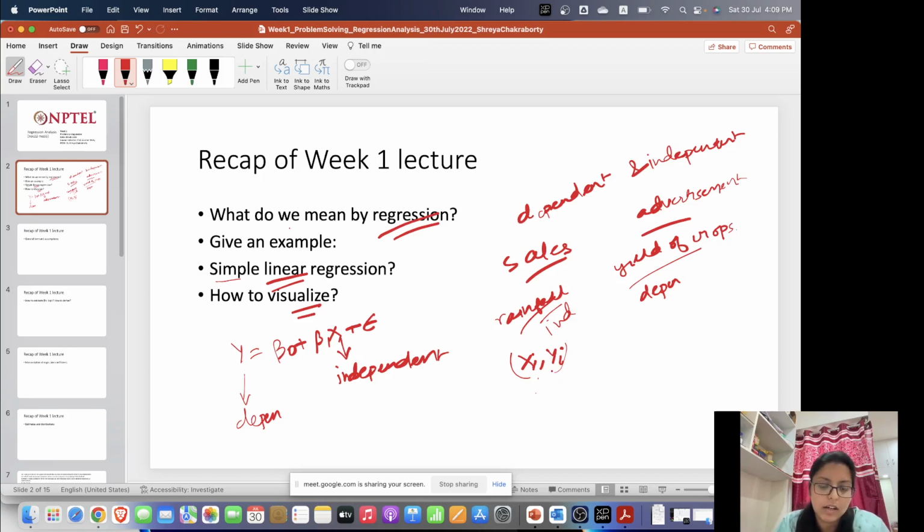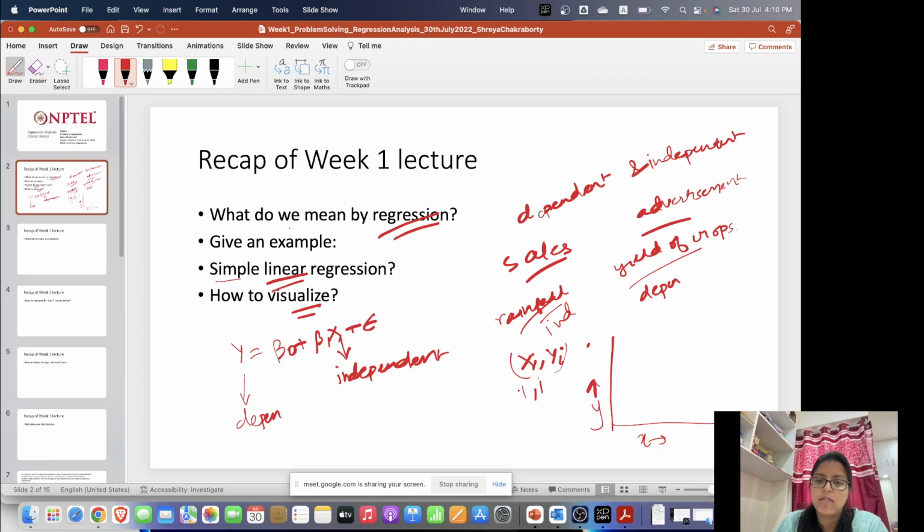No, x can be 0. I am talking about visualization, a graphical representation. So, a scatter plot. Yes, exactly, scatter plot, with x and y along the axes.